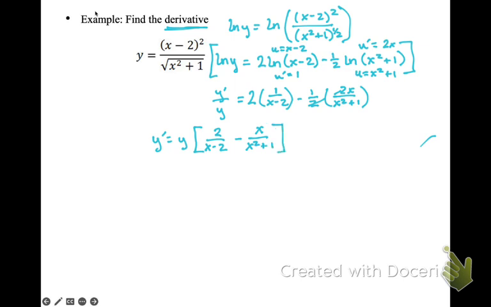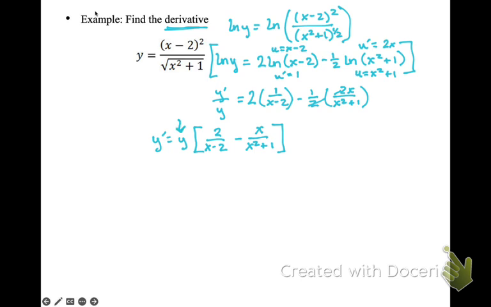Now, I'd probably find common denominators here just because I have lots of pieces. But first of all, I can't leave x's and y's in the derivative, can I? No, that's illegal. So we are going to math jail. What does y equal?